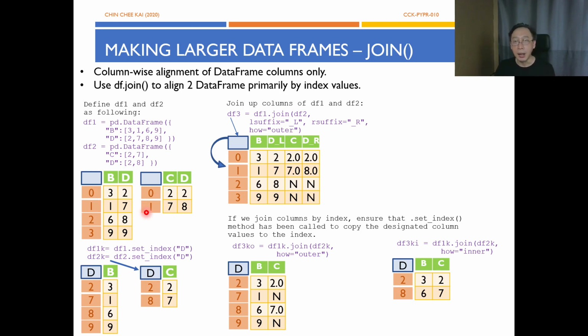Sometimes we may want to actually use the data values to align and join based on data values row-wise. So it's like we want join to behave like merge, except merge is designed for column-based merging, but we want row-based merging. Can or not? And the answer is can, but with a bit of trick.